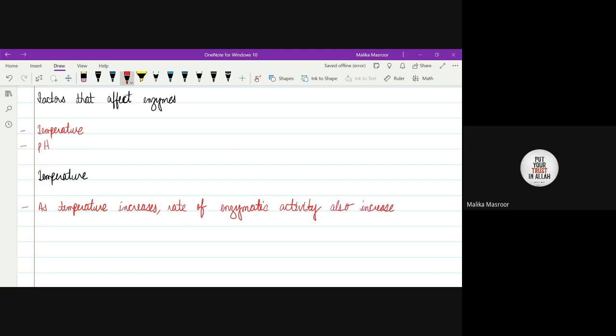And why is that? At high temperatures, you can break it down into bullets as well. I'm writing it in paragraph form. Substrate molecules. What are substrate molecules? Substrate molecules are those molecules on which your enzymes are acting upon. Is this clear?